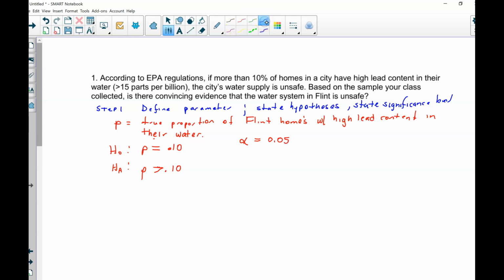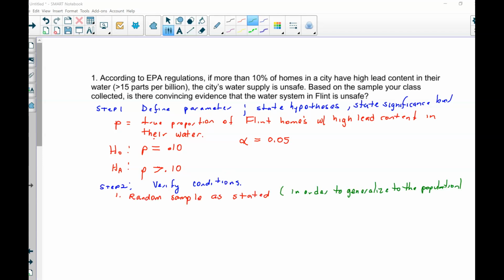So now we're up to step 2, where we state and verify our conditions in order to actually do this test. The first would be a random sample, as stated.